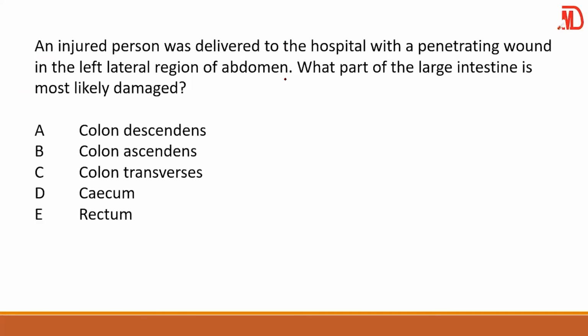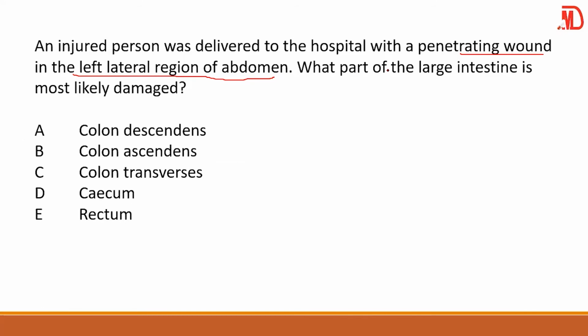An injured person was delivered to the hospital with a penetrating wound in the left lateral region of the abdomen. What part of the large intestine is most likely affected?